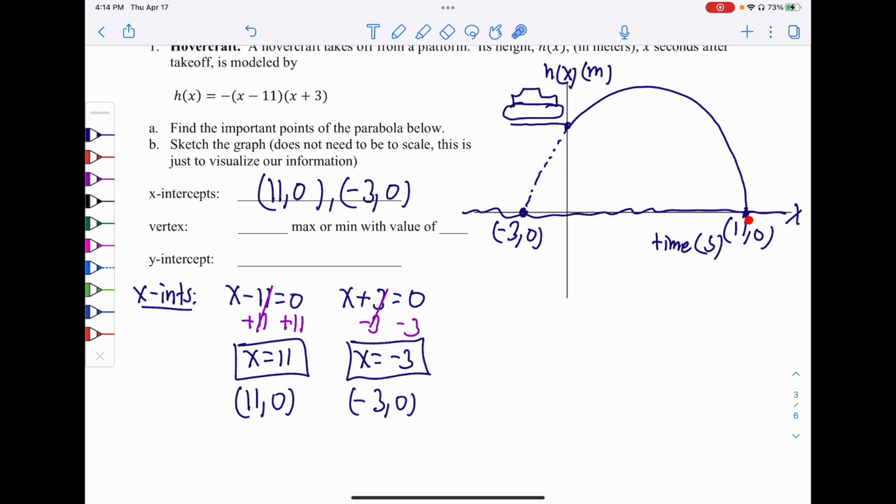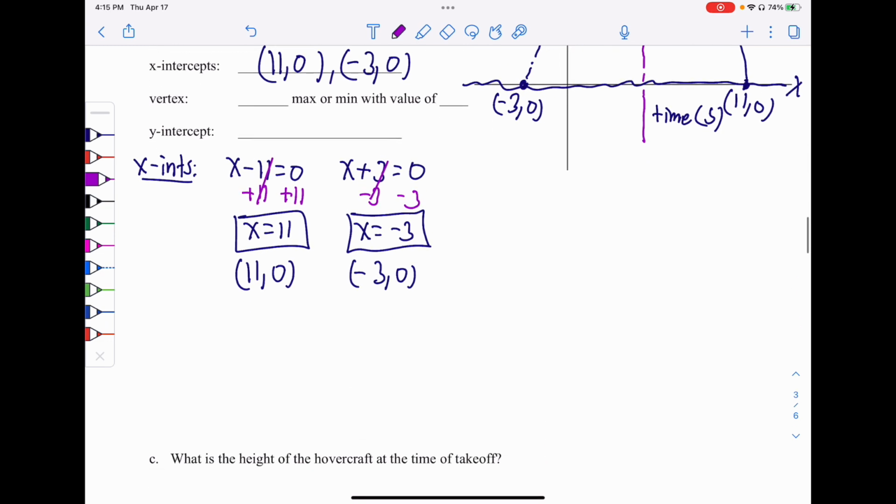Right, so we know it's going to go over time. It's going to hit our x-axis, or the water, at 11 seconds. And this is just our placeholder, the negative time. So we want to find the vertex, where the vertex is always stuck in the middle of our two x-intercepts, right in the middle. So to find the middle, the vertex x value is first.